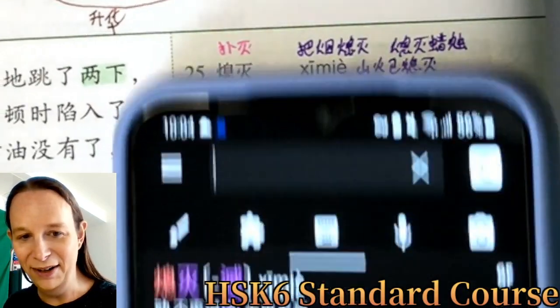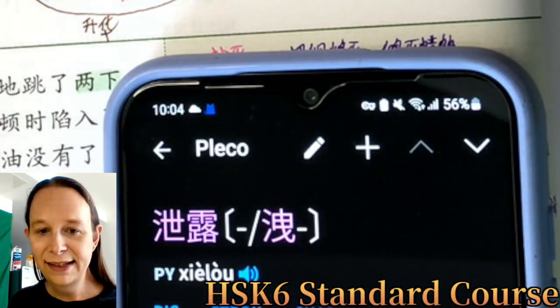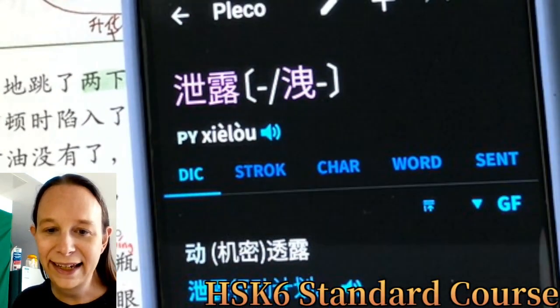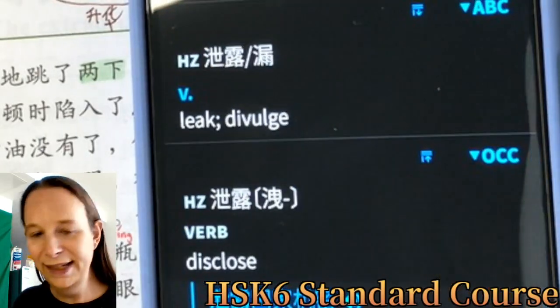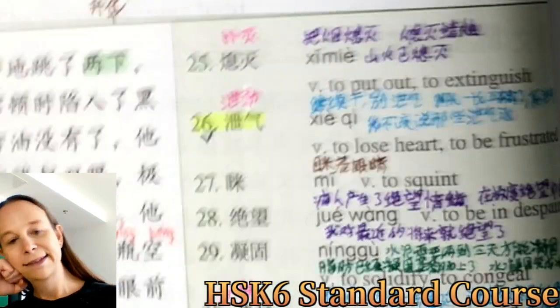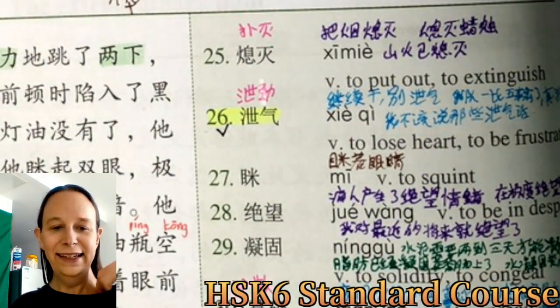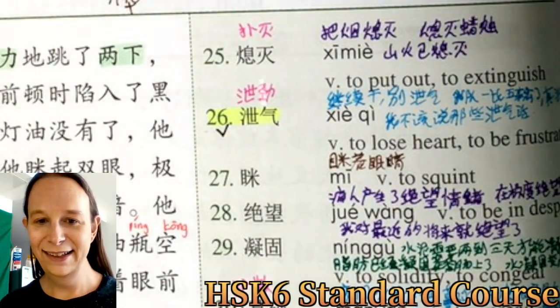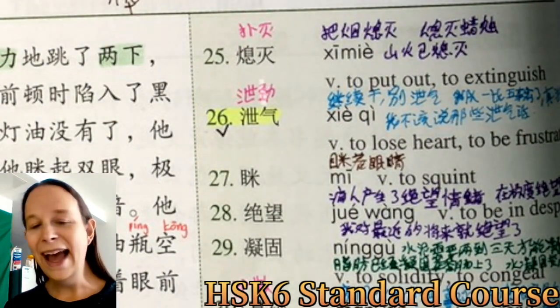I tend to use that word a lot. 泄露 meaning to leak, usually information or secrets. 泄露信息, etc. 泄气. What does the 泄 mean here? I'm not sure. 气 is your spirit, I guess. I guess it literally means leaking gas.